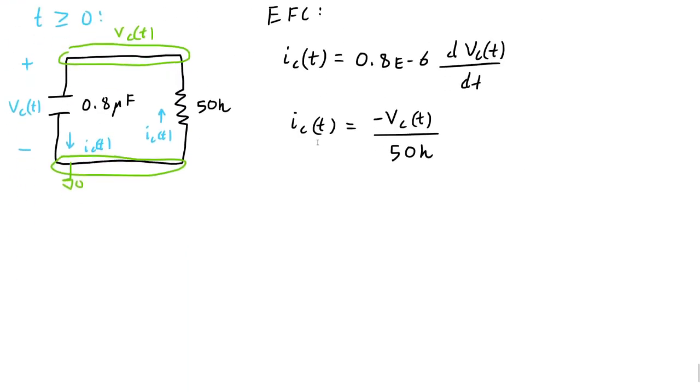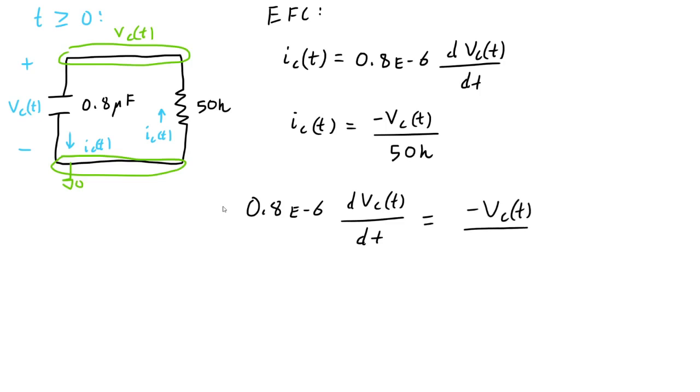So I'm going to use the equivalent resistance just to simplify the math a lot. Basically, I'm going to plug our Thevenin equivalent circuit back in, and we'll solve. There's only one current at ICT, so we'll set them equal to each other. So 0.8E-6 dVCT/dt equals minus VCT over 50K.